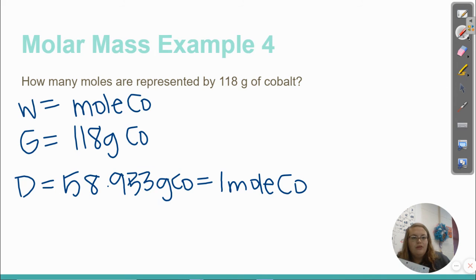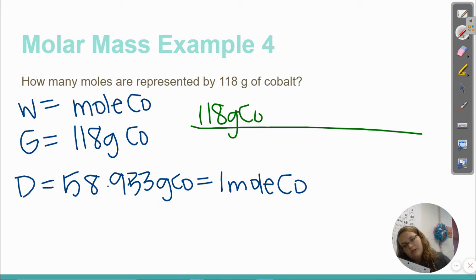So let's go ahead and solve now. So grams on top, grams is going to go on bottom.